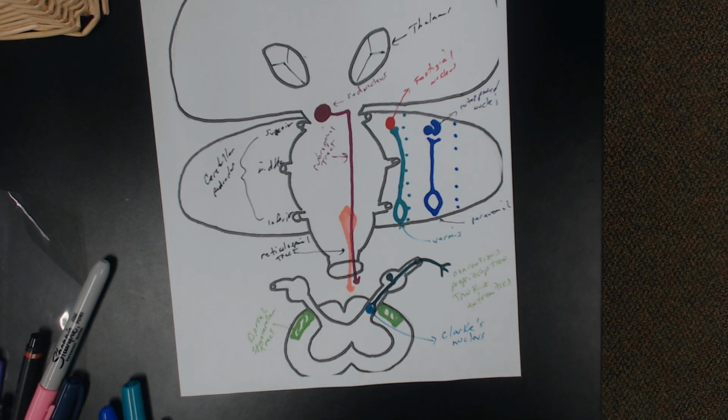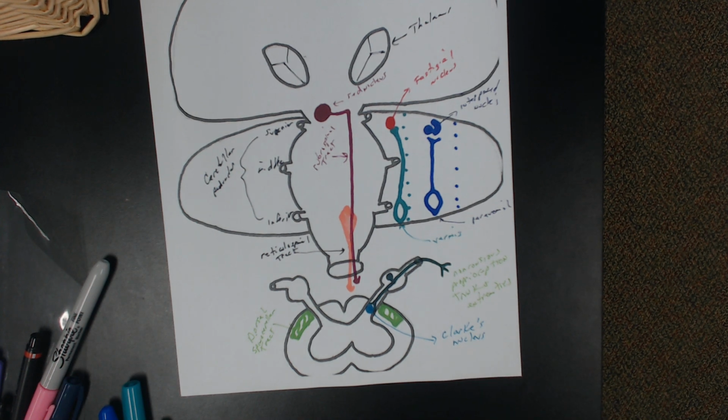That's nothing more than the name of the nucleus in the dorsal gray horn where the dorsal spinocerebellar tract information coming in synapses right away.